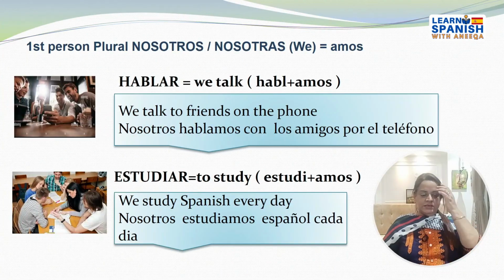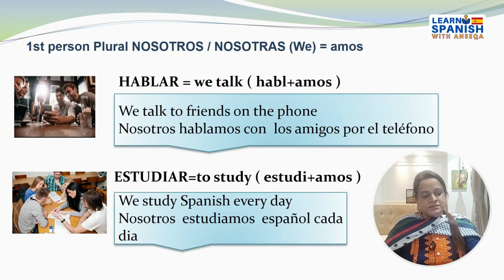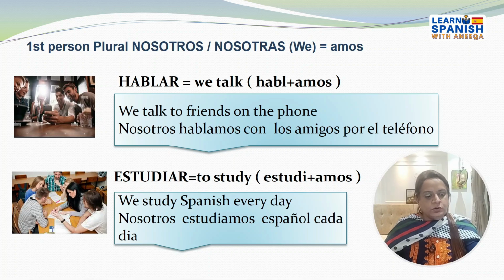Okay, now we will see the plurals. That is the first person plural, that is nosotros and nosotras, and that is we in English. Now we have to remember that the AR ending for we is amos. Now see here, there is a group of boys who are talking on the phone to their friends maybe. So now we want to say we talk. How will you say that?